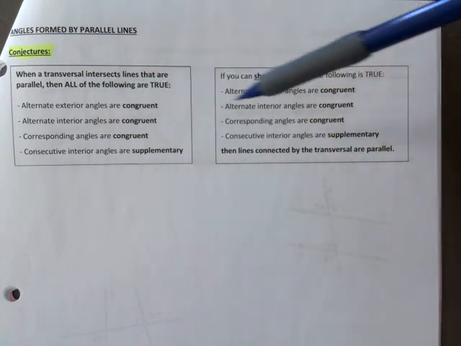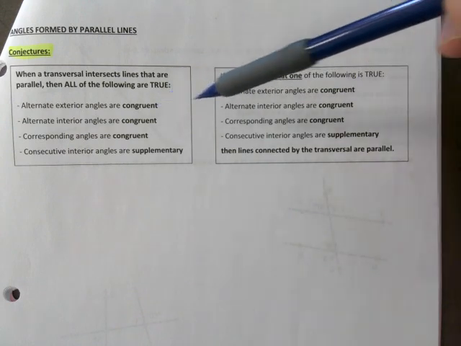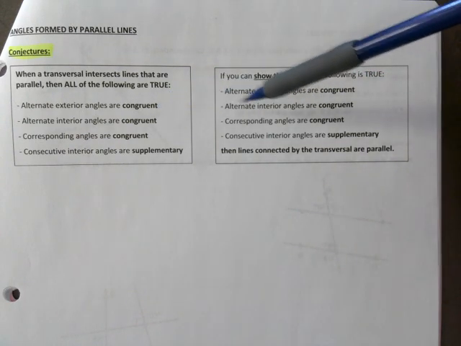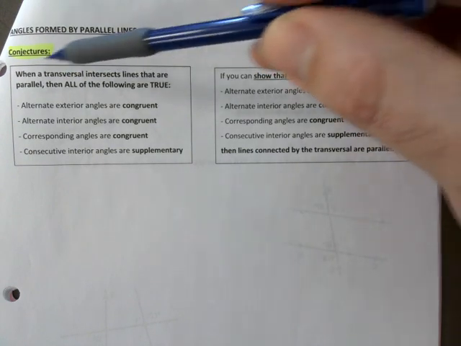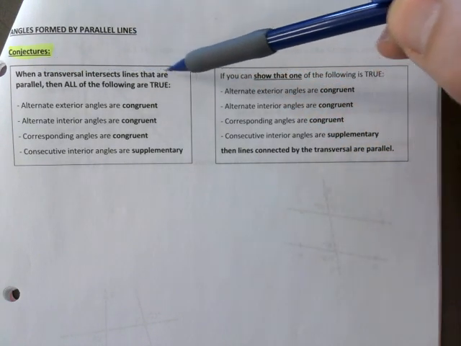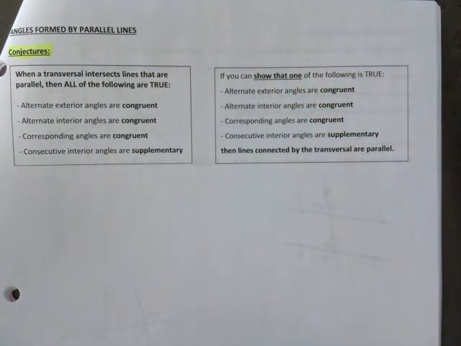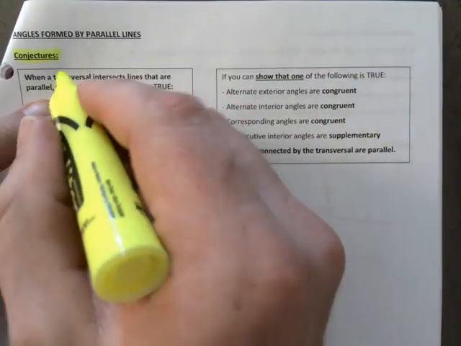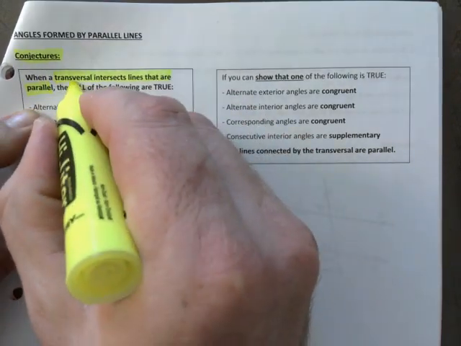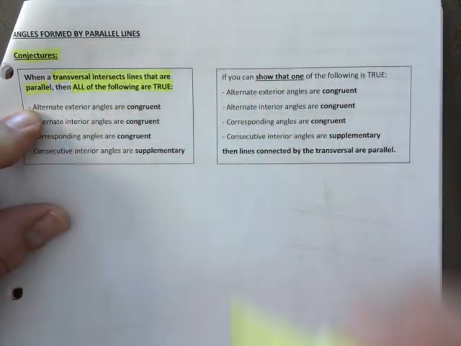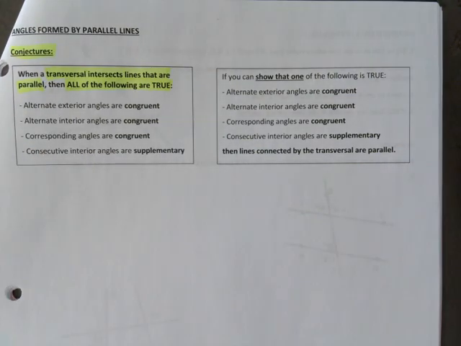So this is saying that it goes both ways, okay? So watch this. When a transversal intersects lines that are parallel, then all of the following are true, okay?